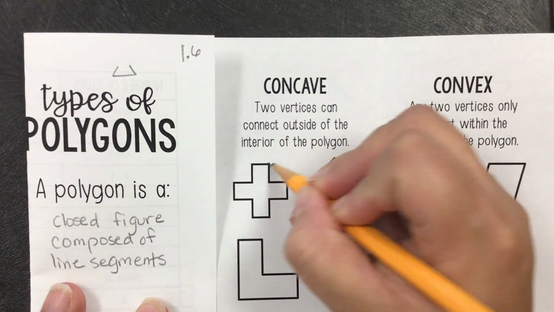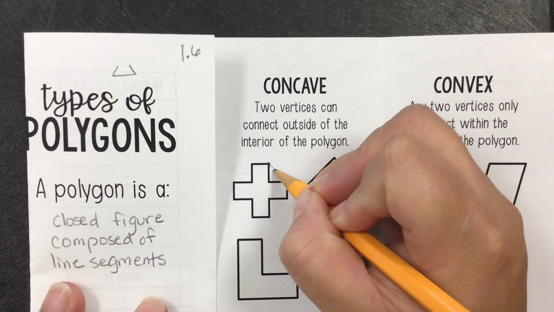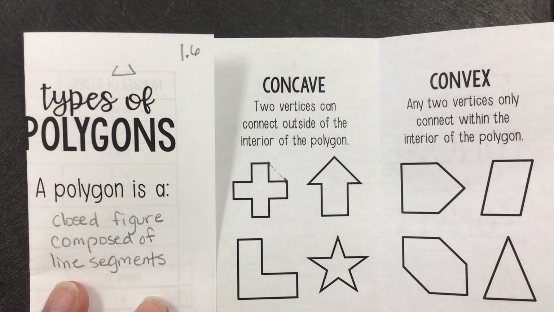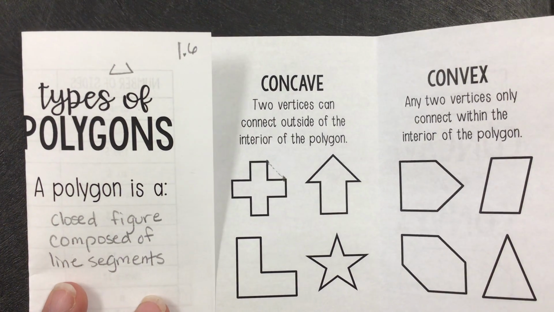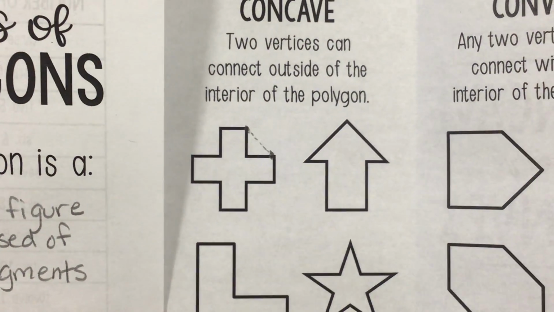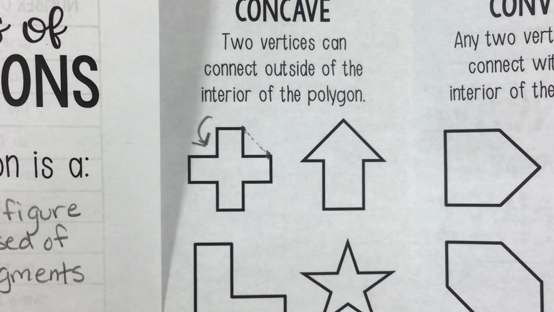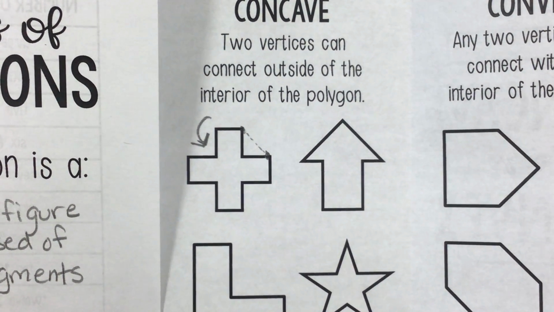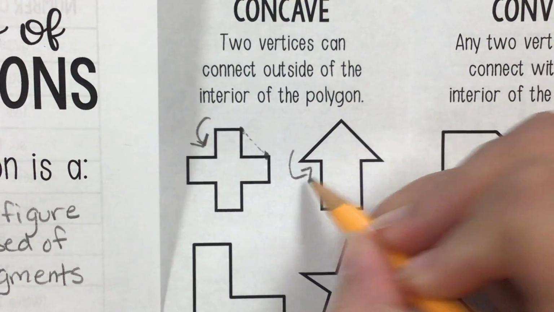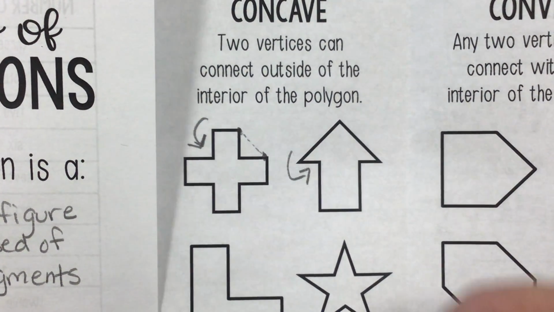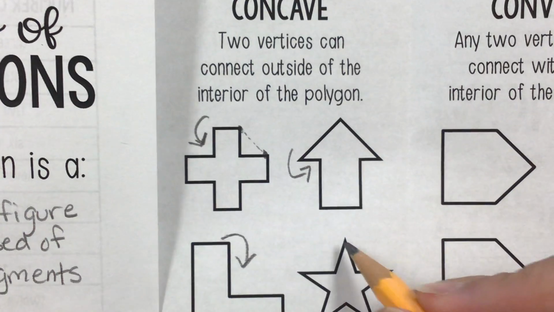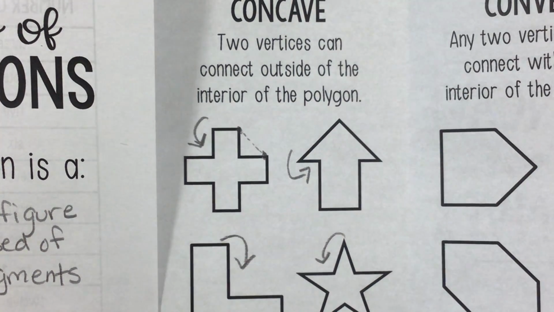So what they're saying is that if you connect 2 sides, it would be in the exterior of the polygon. And that's great and all, but it's easier to identify if you just find the part that it caves in. Any polygon that caves in is considered a concave polygon. And that's all you're looking for.